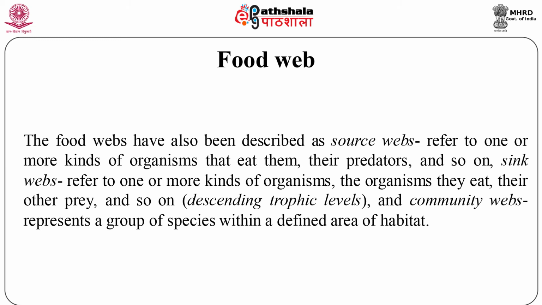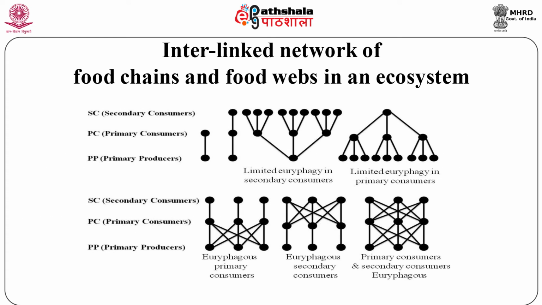Sink webs refer to one or more kinds of organisms, the organisms they eat, their other prey and so on, descending trophic levels. And community webs represent a group of species within a defined area of habitat. This slide shows the interlinked network of food chains and food webs in an ecosystem.